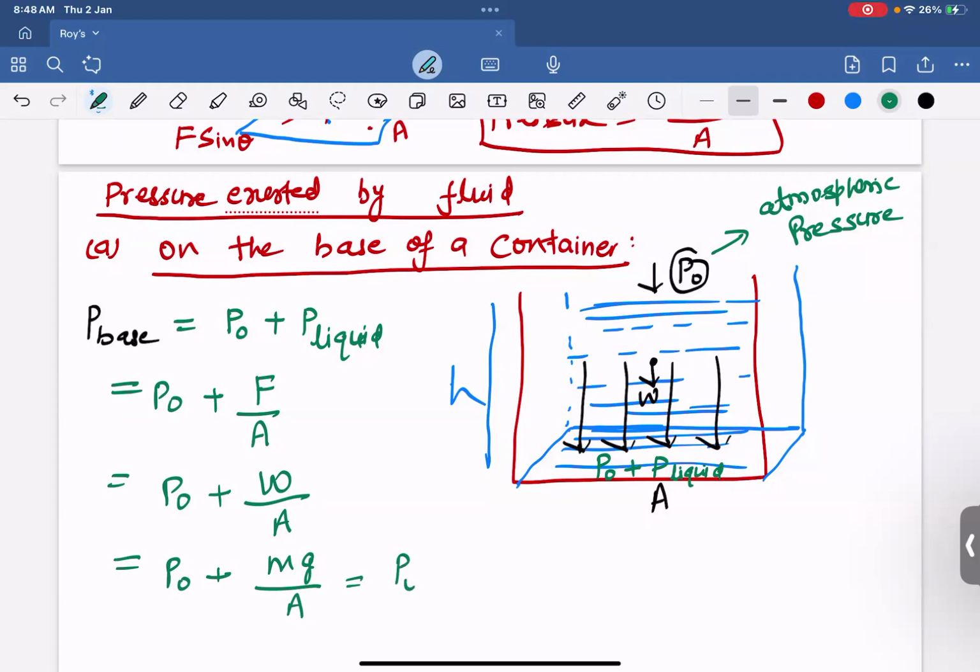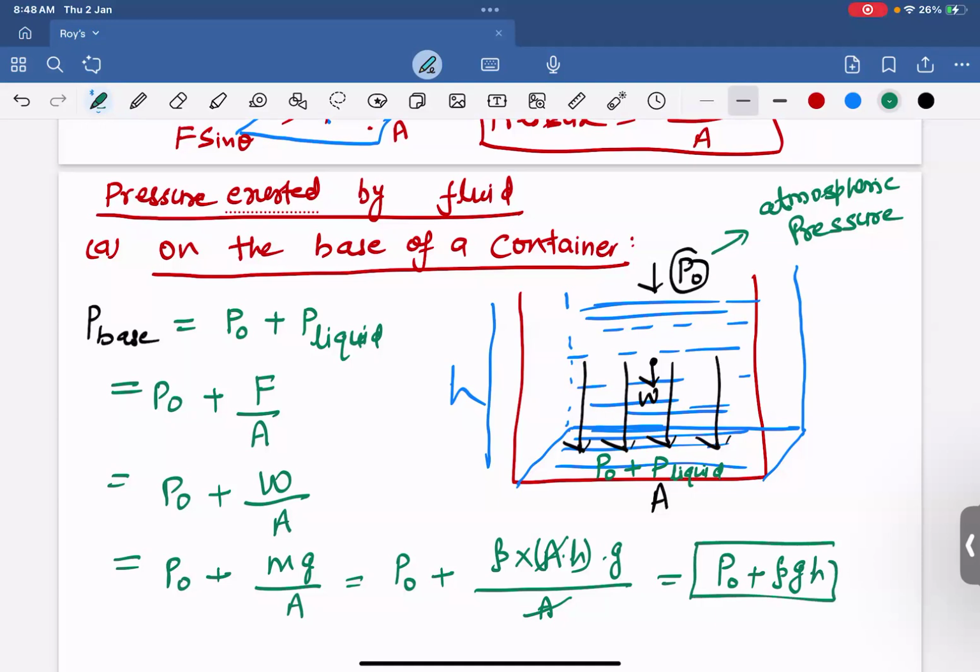Mass is density into volume, and volume is always area into height. So volume into g by area; the area cancels. So the pressure at the base is P atmospheric plus rho g h.